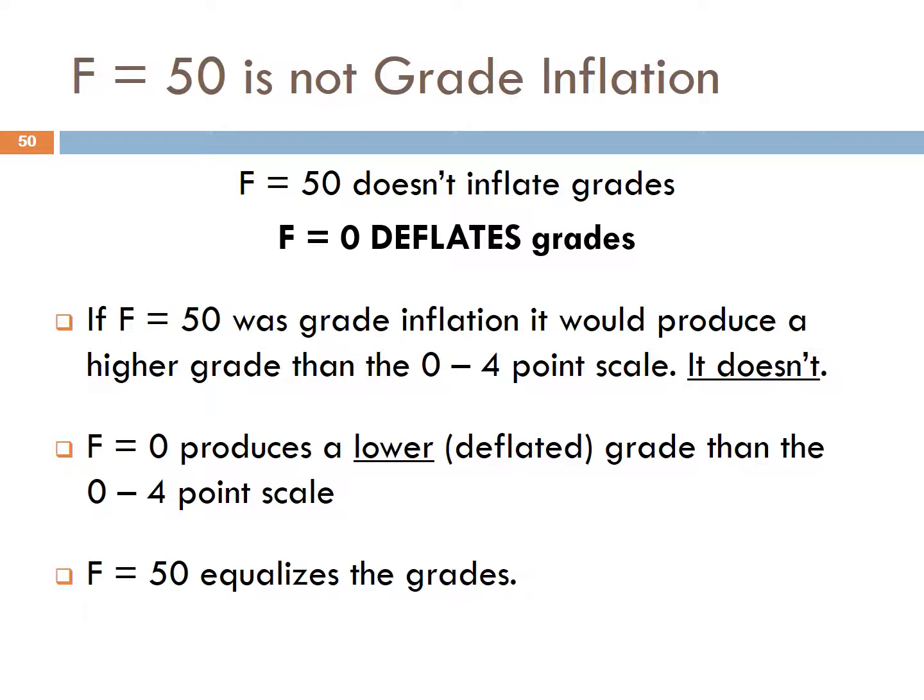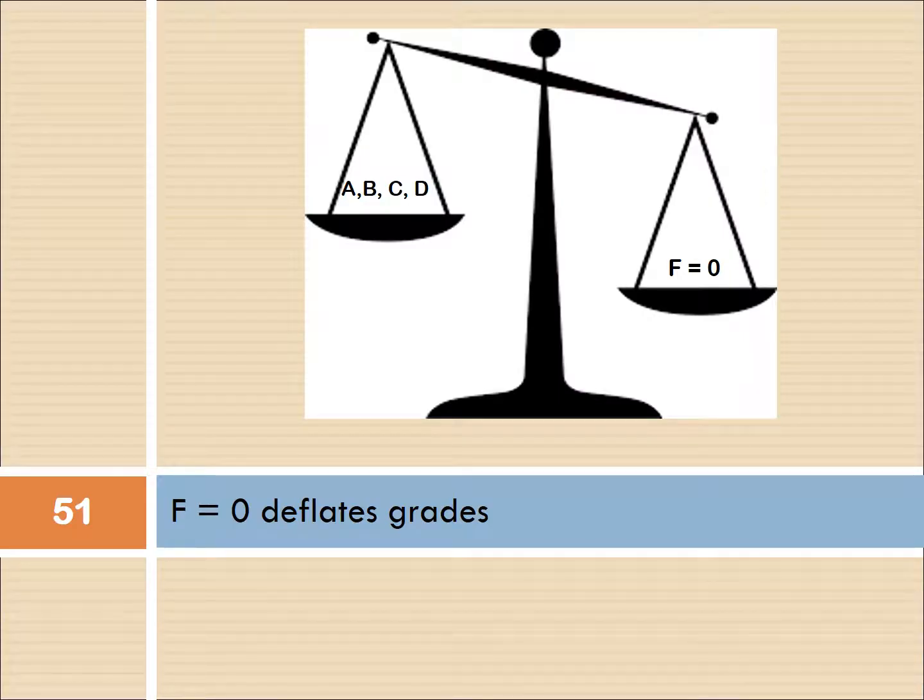F equals 0 produces a lower, deflated grade than the 0 to 4 point scale. F equals 50 equalizes the grades. F equals 0 to 59 unfairly deflates other grades they have earned. It is mathematically impossible to get out of the hole that F equals 0 pulls them into.